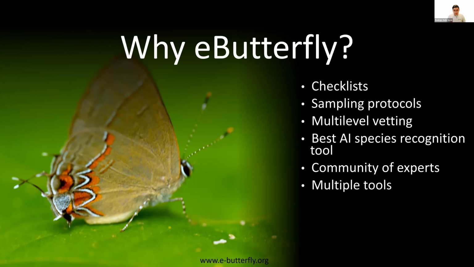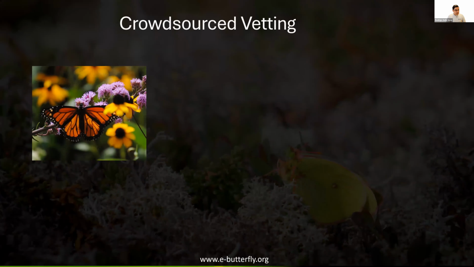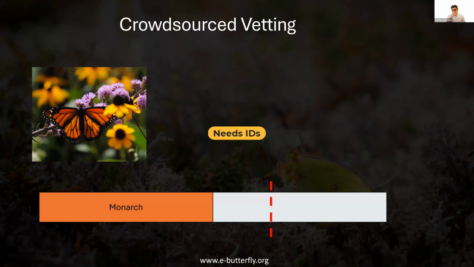And we have multiple tools. Call it discussion forum, call it projects, call it the AI, tons of them. Now, I'm not going to have time to discuss all of them today here, but just give it a try, experiment with them. And of course, we're going to have webinars to talk about those specifically very soon. But the one that I want to talk about is the crowdsourced vetting. Why?